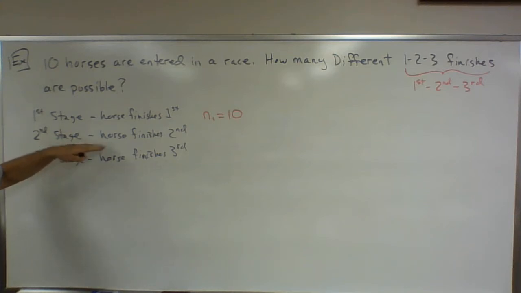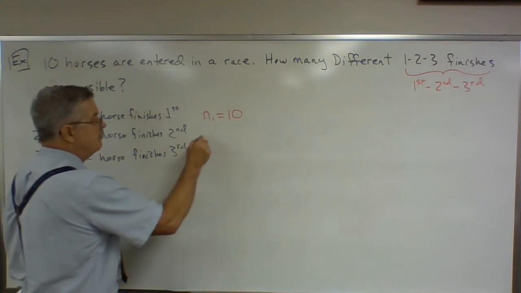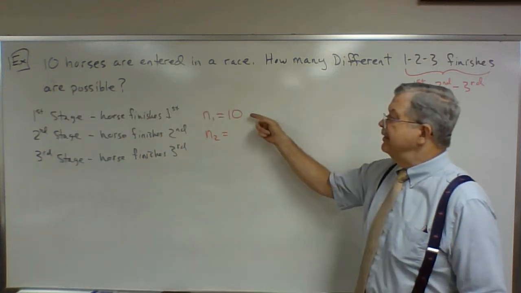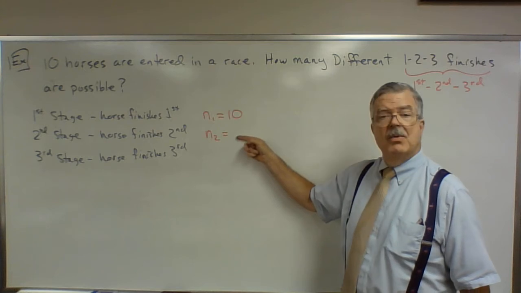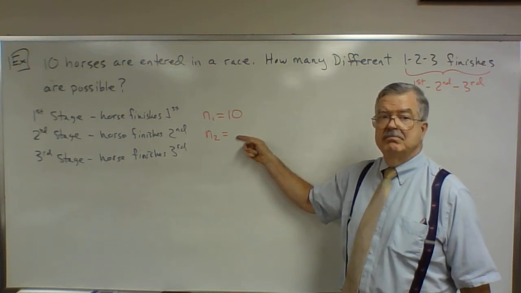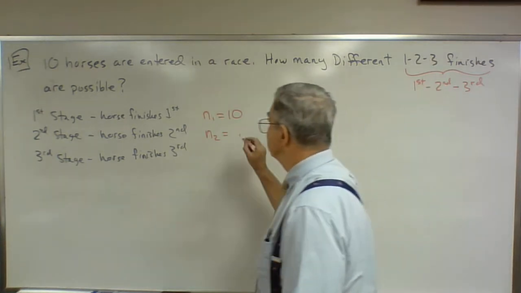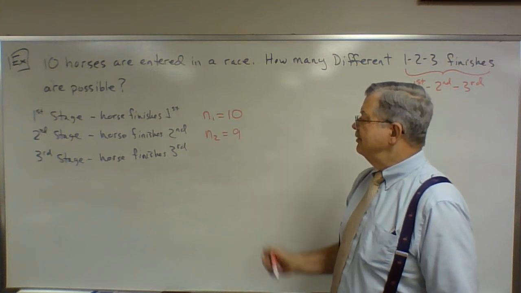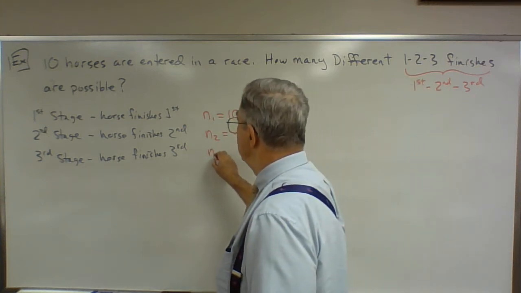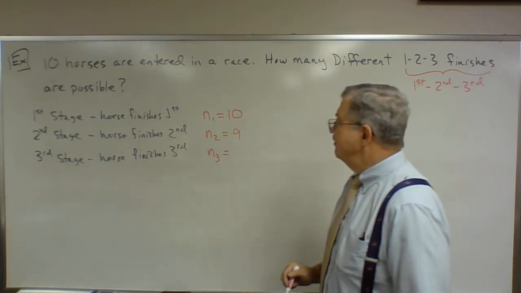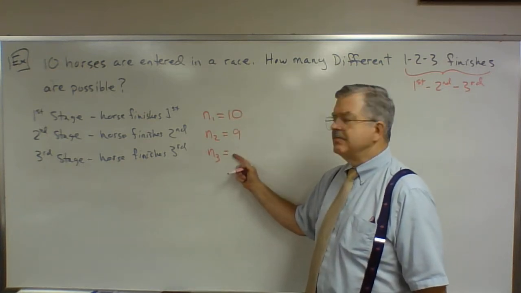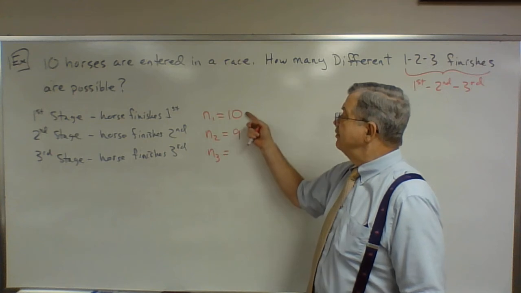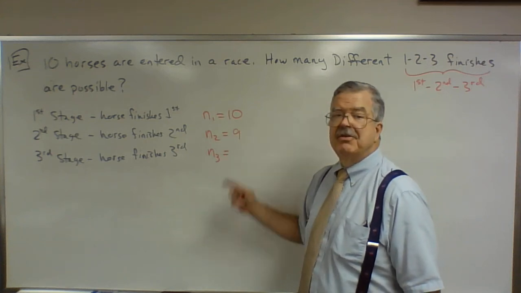Now the second stage, a horse finishes second. One of the 10 horses has finished first, so how many horses are left to finish second? 9, right? The first 2 horses have finished the race, and now we're looking for the horse to finish third. How many candidates are left to finish third? The horses that finished first and second can't finish third.